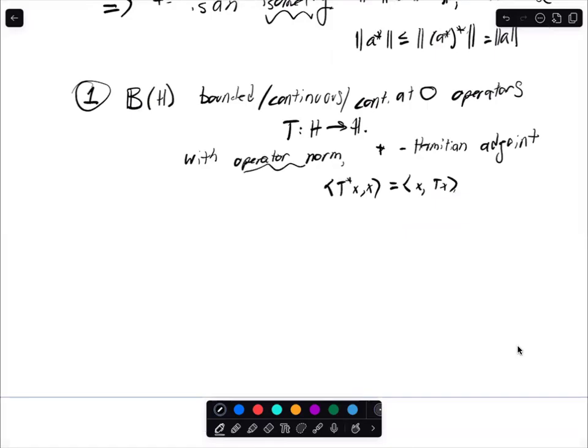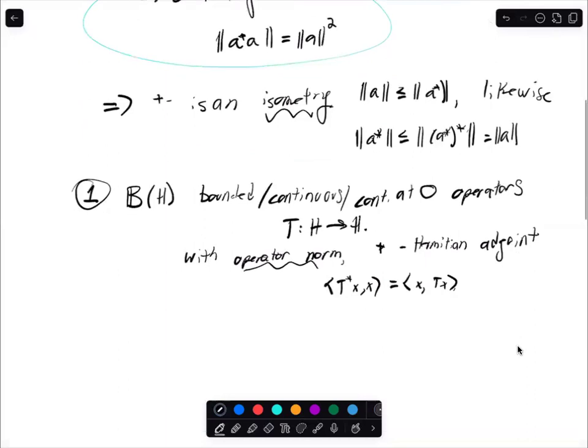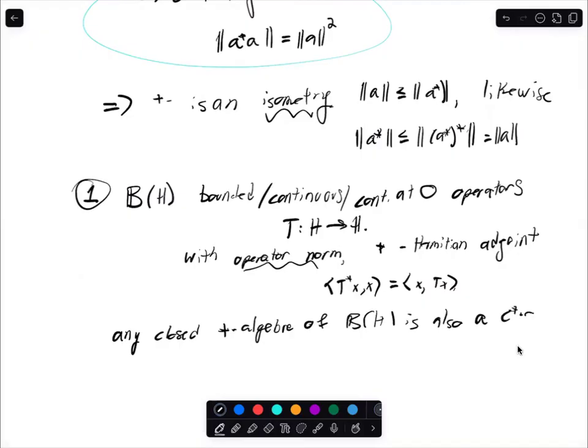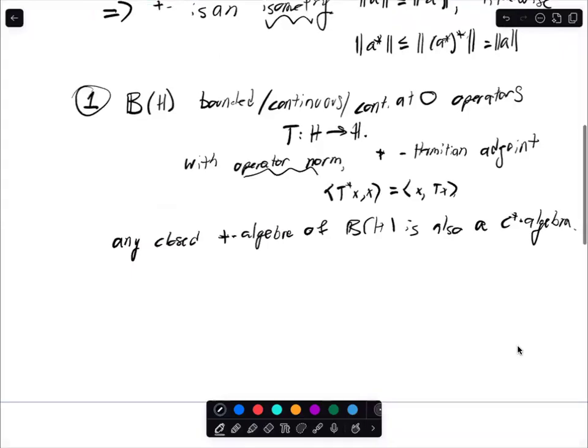Okay, so this operator norm exactly satisfies the C-star identity. And this also tells us that any closed star subalgebra of B of H is also a C-star algebra. But these are far from our only examples.